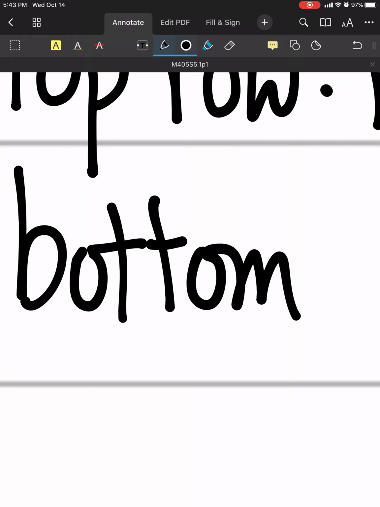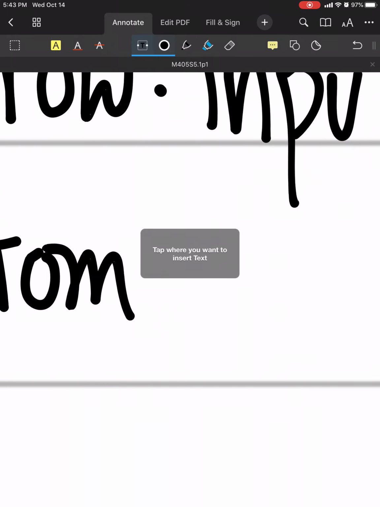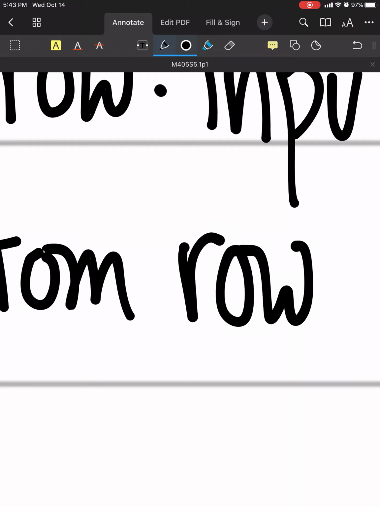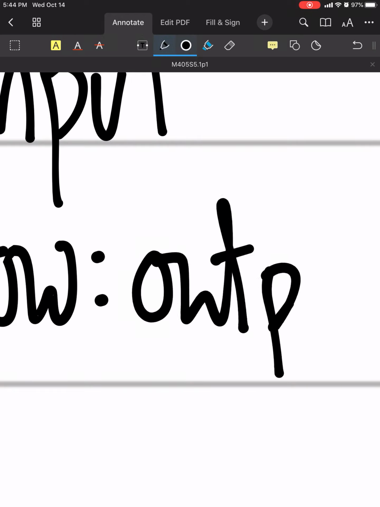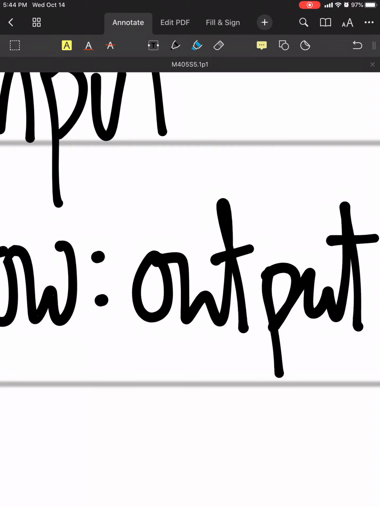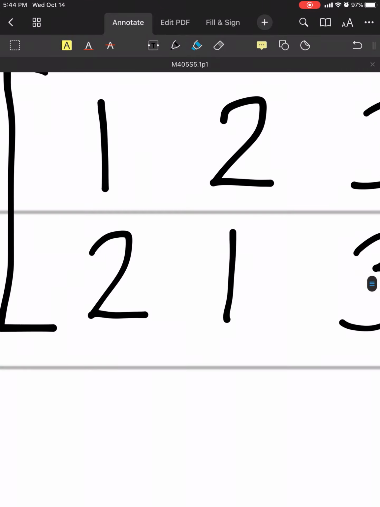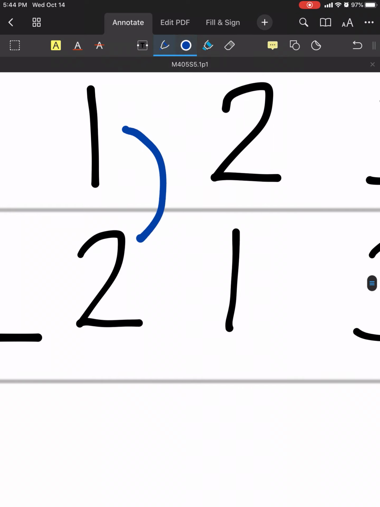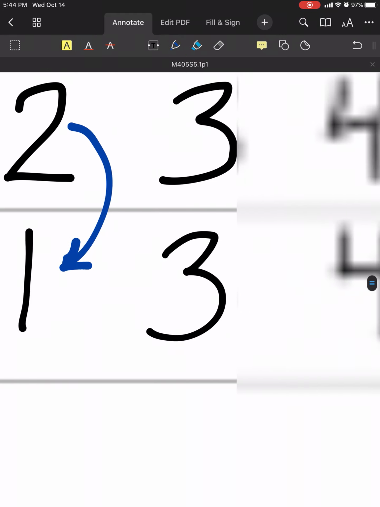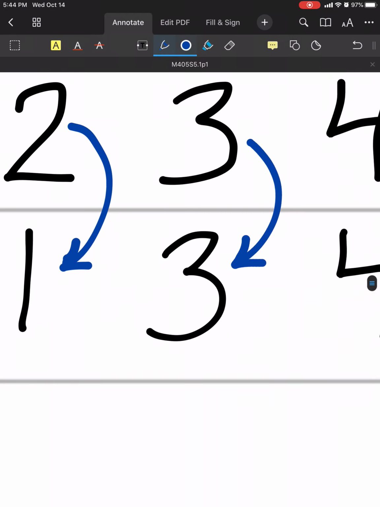In other words, the things on the top row map to the things directly below them on the bottom row. So let me show you what I mean. Here, let's put this in blue. 1 maps to 2, 2 maps to 1, 3 maps to itself, 4 maps to itself.